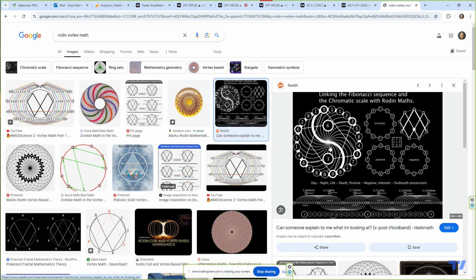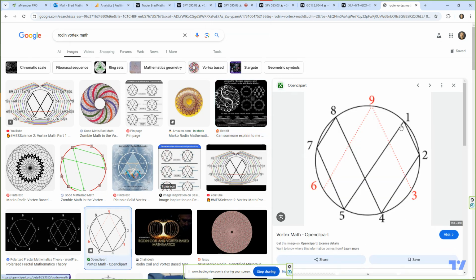Okay. This is critical because you need to understand that there is that 9 to 9630 vortex right in this area. Okay. So you need to understand that when we're looking at this, what we're really looking at is a cycle structure that essentially runs across this area here. 1, 2, 4, 8, 7, 5.